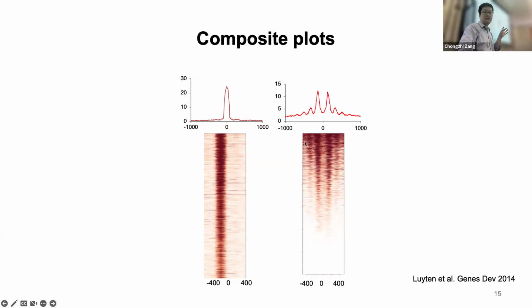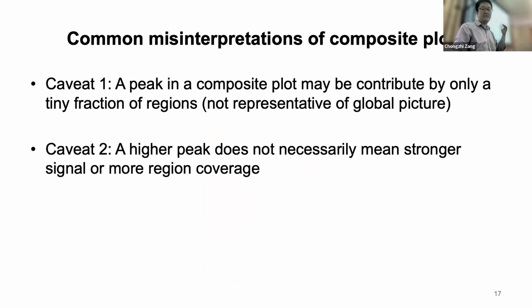Imagine if we only have a very few regions with very strong signal, and the remaining regions do not have the signal, we can still see the peak in the composite plot. So a composite plot only tells you the overall pattern, but it does not guarantee that all of the regions have the same pattern. They may not be representative of the global picture.